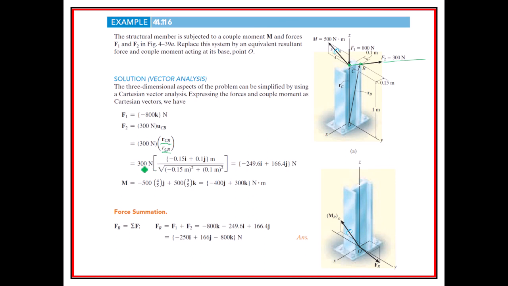Okay, so they're taking that 300 newtons and turning it into a vector, right, by way of the orientation as shown. So now we've written out what F1 is, and now they've written out what F2 is. We've also written out what M is. This is the moment that's being applied, an external moment couple that's been applied to here.